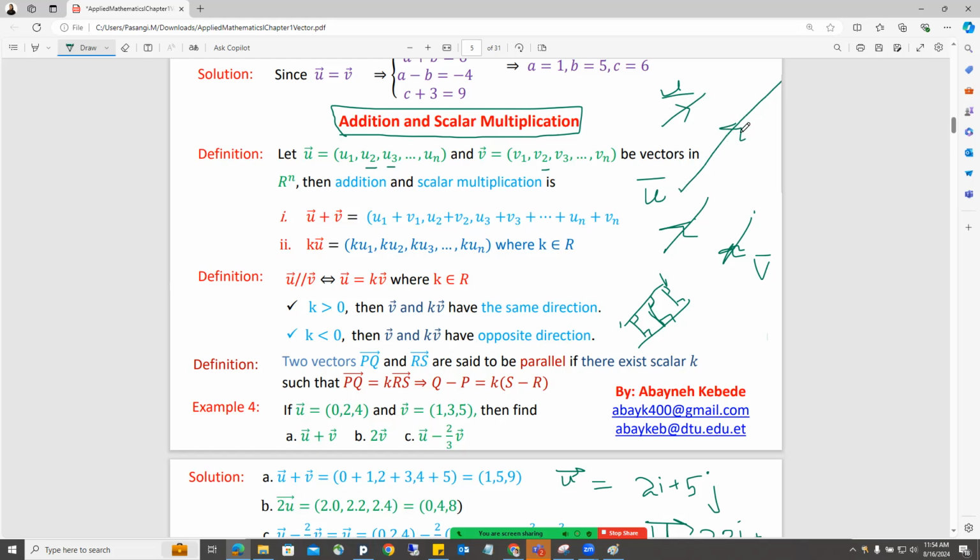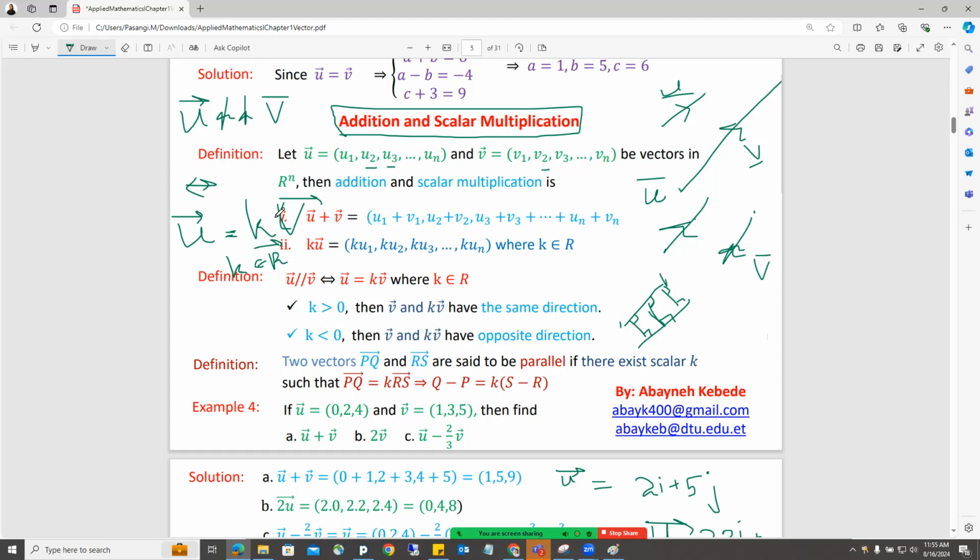Those two have the same direction, but you can see vector v is much bigger than vector u in magnitude. So if these two are parallel, we can write that vector u and vector v are parallel if and only if vector u can be written as k times vector v. k is a scalar which is a real number.